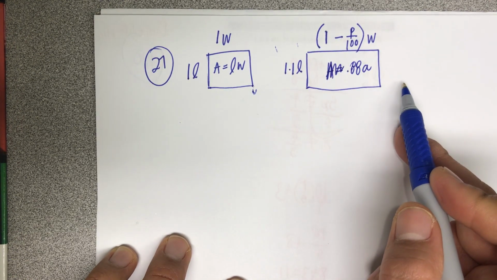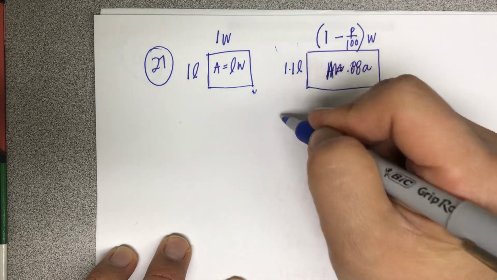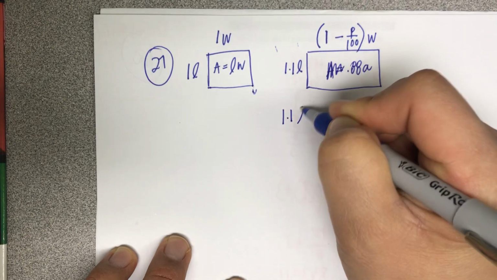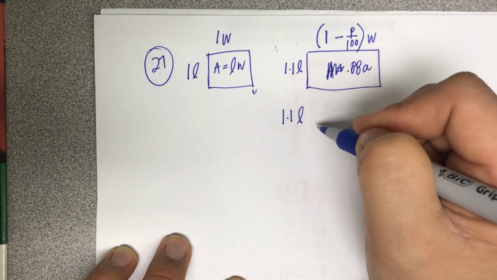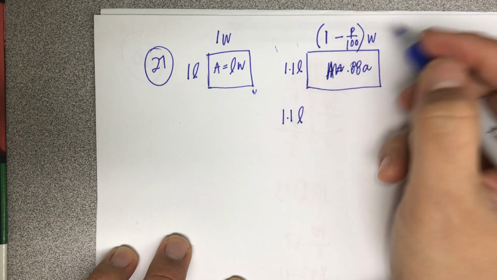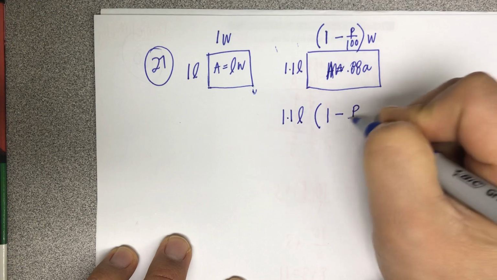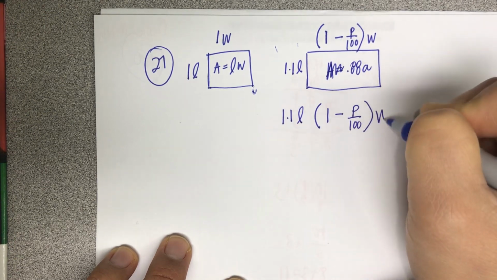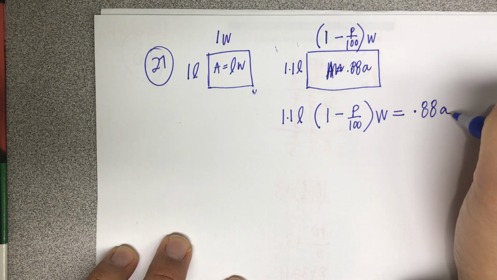And if you were to write this as an equation now, it would be 1.1 L times, because length times width equals the area, right? So multiplied by 1 minus P over 100 W would equal 0.88 of the area.